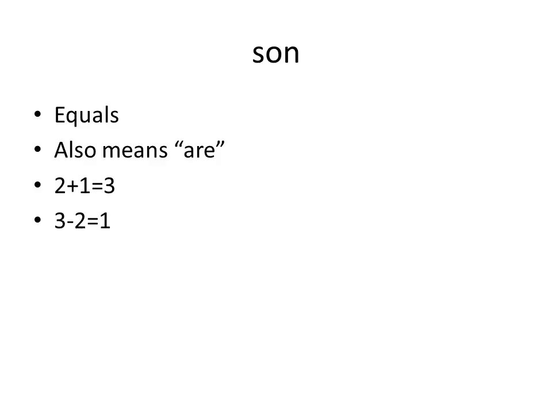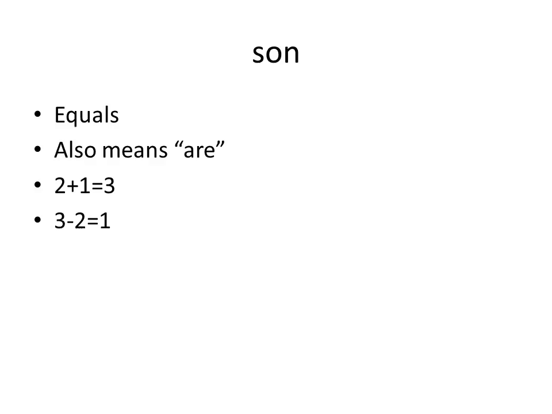And finally, son. Son, when we're talking about math, means equals. It can also mean are, as in they are nice. Ellos son simpáticos. But when we're talking about math and we say son, it essentially means equals.